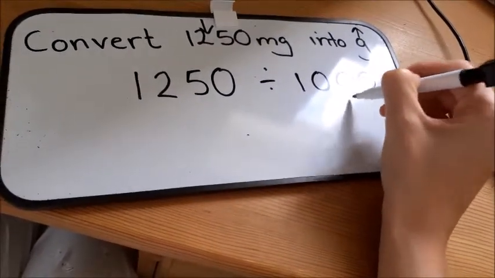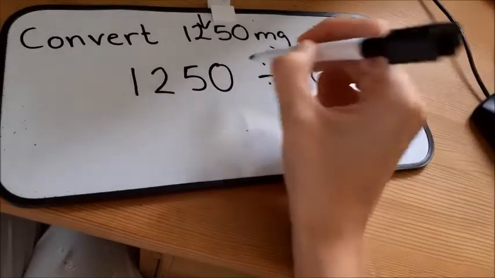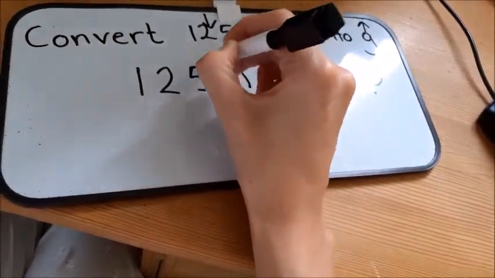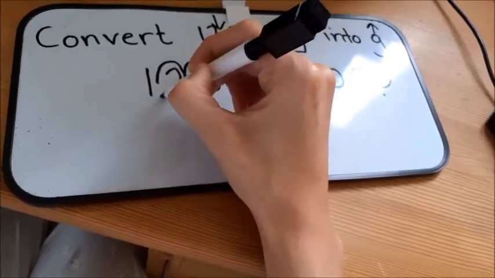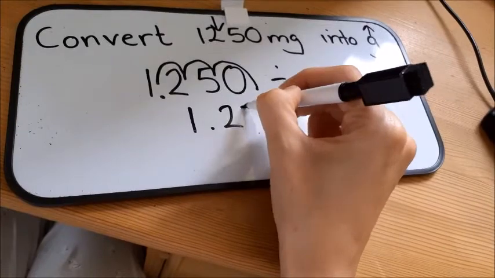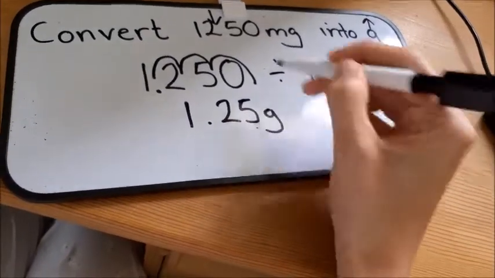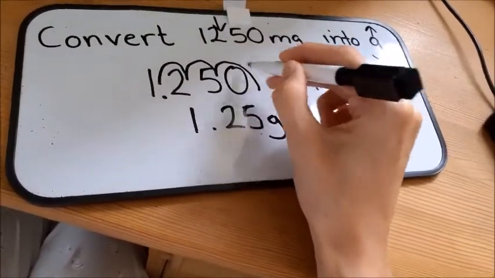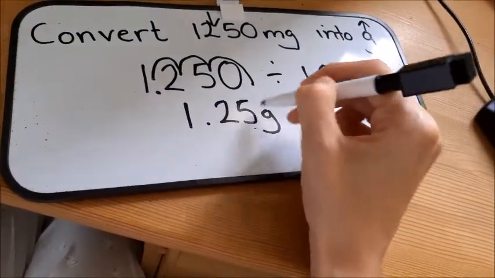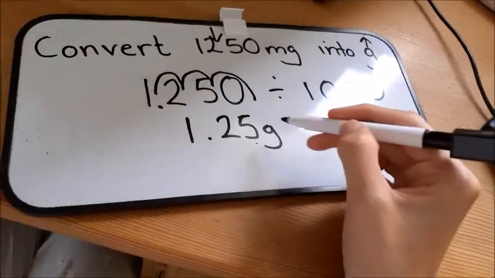Again, 3 zeros, so you're going to be moving your decimal place 3 spaces to the left. 1, 2, 3. Your decimal space goes here. So you've got 1.25 grams. You don't need to put the 0 in here because the 0 doesn't add anything to this. It's 1.25. The 0 doesn't need to be added.